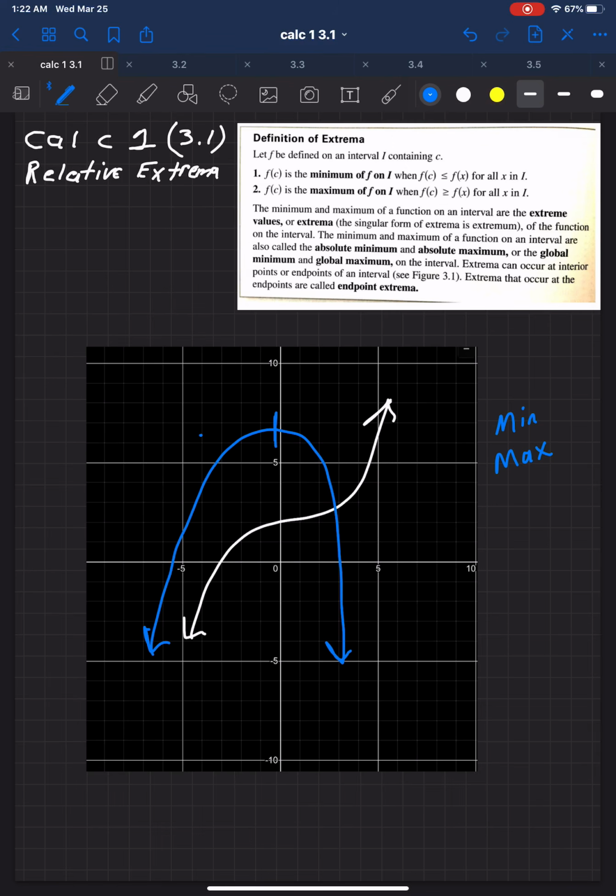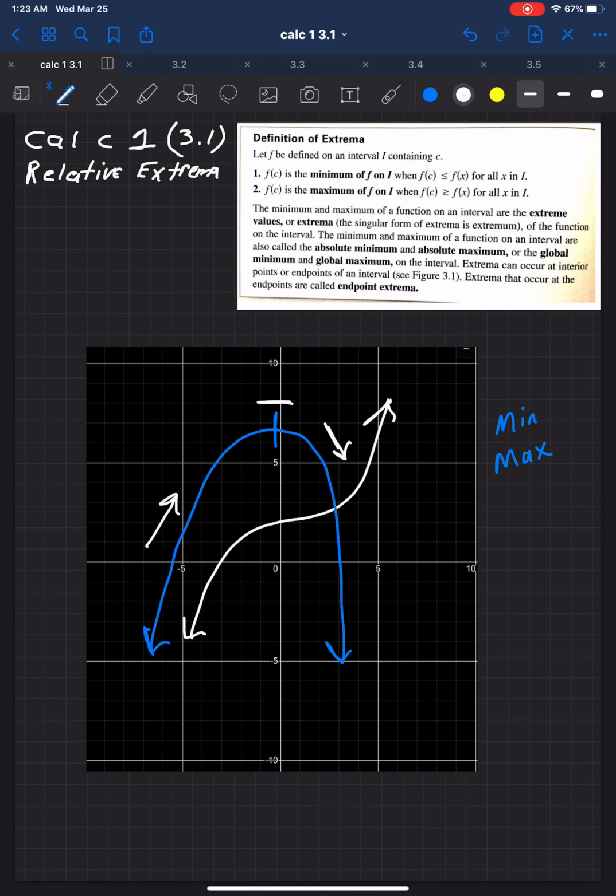It appears that this graph is increasing the entirety of this interval, all the way till we get to some generic x value that I have no idea what it is. Then it stops increasing, and after that x value, the graph starts to decrease, right?